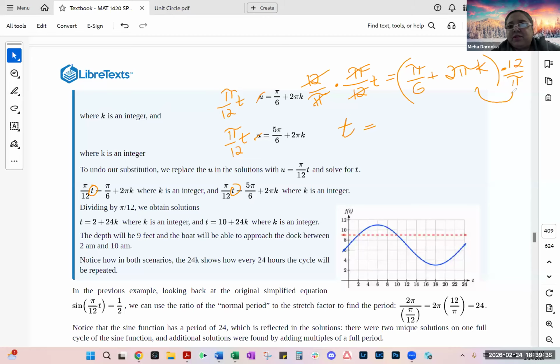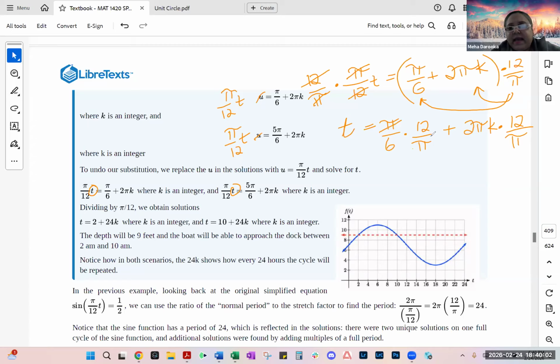Then, of course, we distribute this fraction inside the right-hand side expression. As you can imagine, when we multiply pi over 6 with 12 over pi, some of those will cancel out and simplify. And then with the 2 pi k, we'll do the same thing.